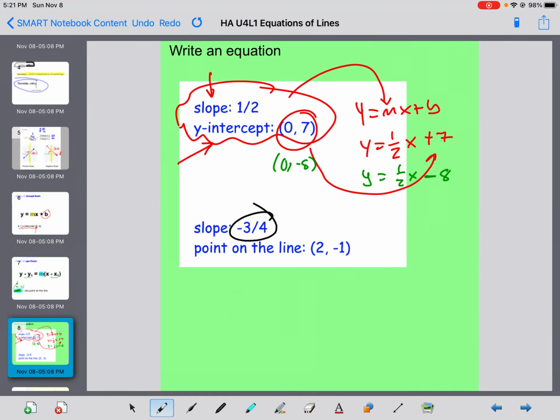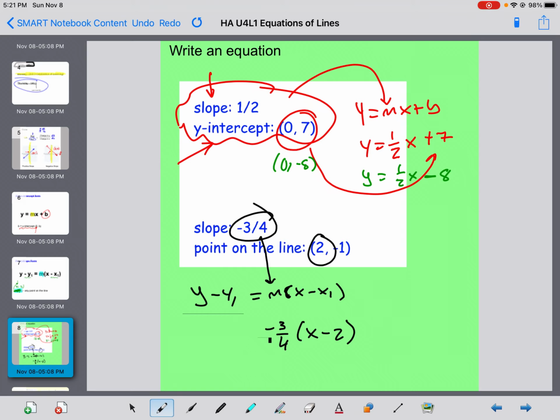So if I look at this guy, and I wanted to write an equation, y minus y1 equals m times x minus x1, I would throw my slope in right there as -3/4. And then x minus x1, that'd be x minus this +2. And then y minus y1 would be y minus -1.